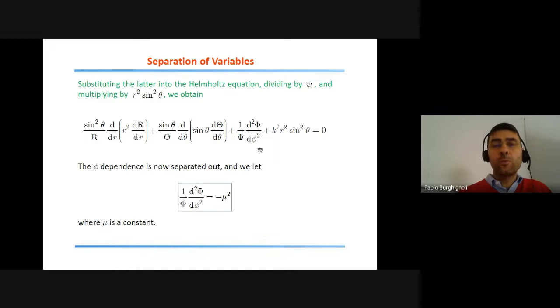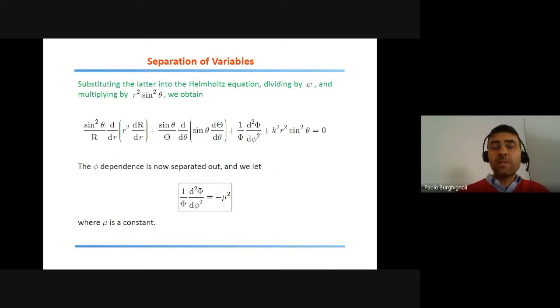We know, with the standard argument, that this term must be a constant, and we choose as a name for this constant the quantity minus mu squared. So 1 divided by capital Phi times the double derivative of capital Phi with respect to the coordinate phi is equal to this constant, minus mu squared.